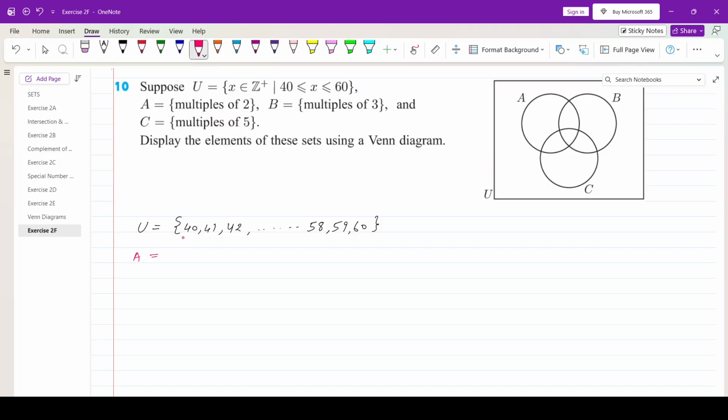So A, now the most important thing is when we have a universal set, so every other set in that question will take a lower limit of this and an upper limit of this. So A is a set of multiples of 2, so A will not start from 2, A will start from 40. Therefore, this is going to be 40, 42, 44, 46, and so on till 56, 58, and 60.